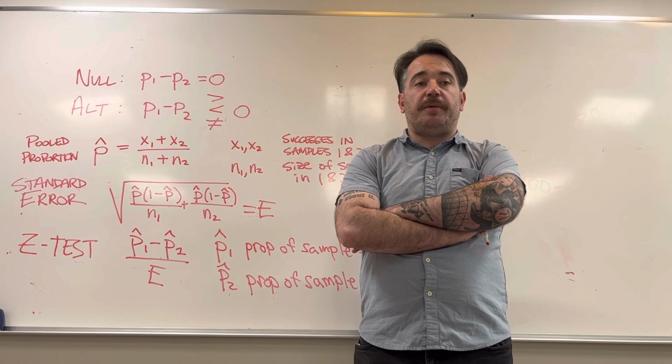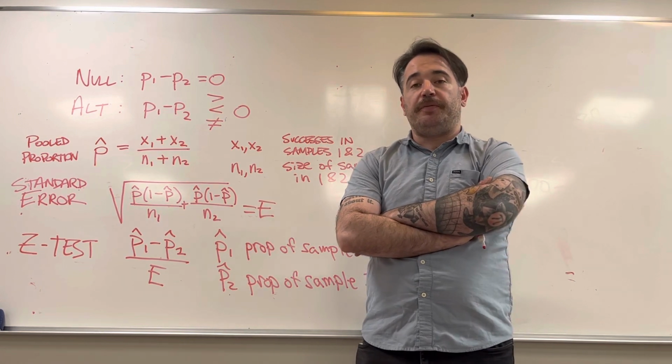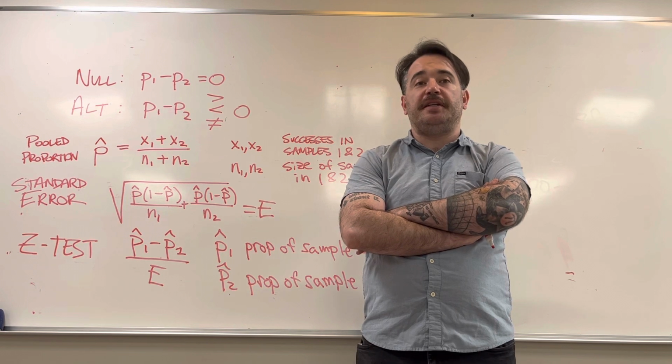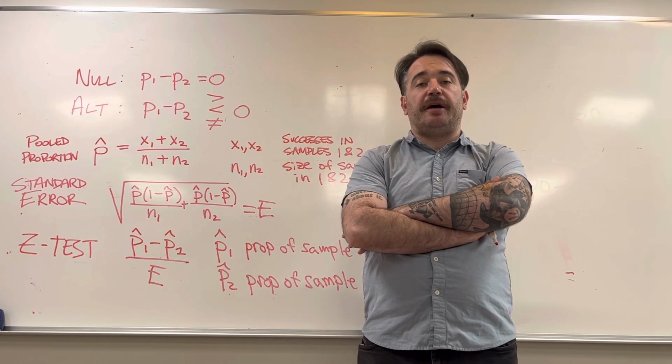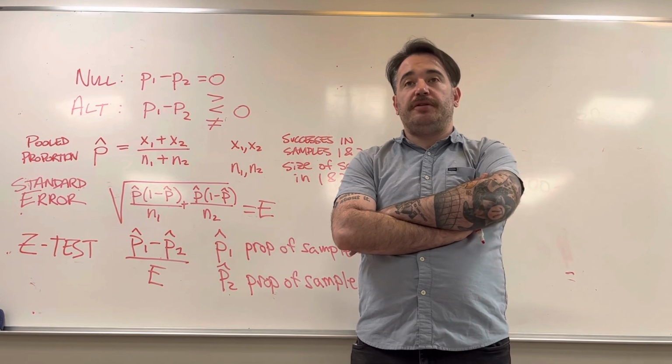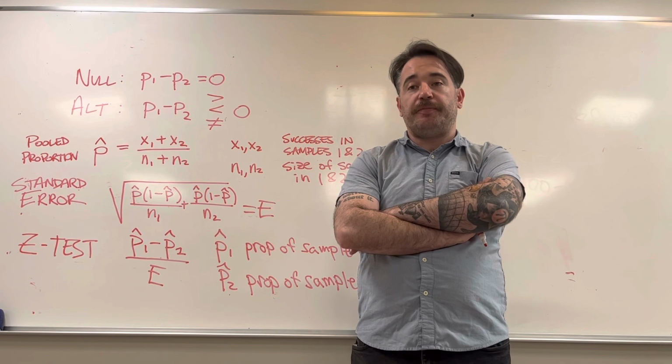Now, as you know, it's not good enough for just 2 numbers to be different. They have to be different in a statistically significant way. So we're going to talk about that as well. But for 21 and 22, we're actually comparing 2 sample populations to each other.